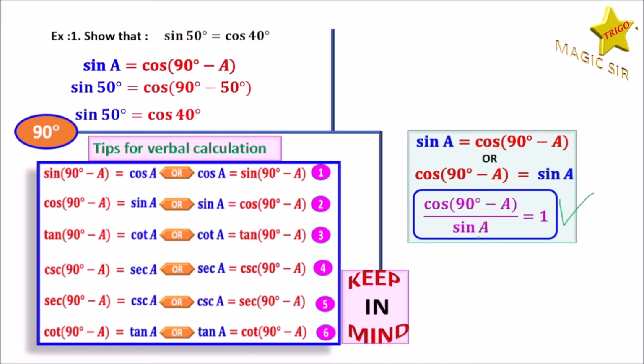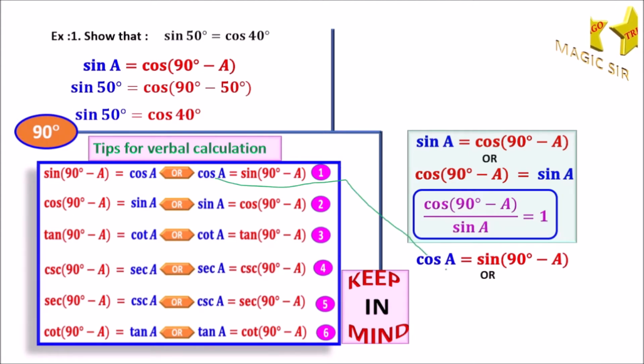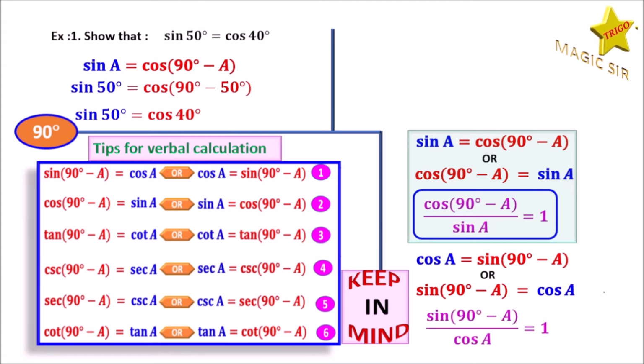Similarly, from the first formula cos A equal to sine 90 degrees minus A, or we can write sine 90 degrees minus A is equal to cos A. Dividing both sides by cos A, we get sine 90 degrees minus A upon cos A is equal to cos A upon cos A is equal to 1.